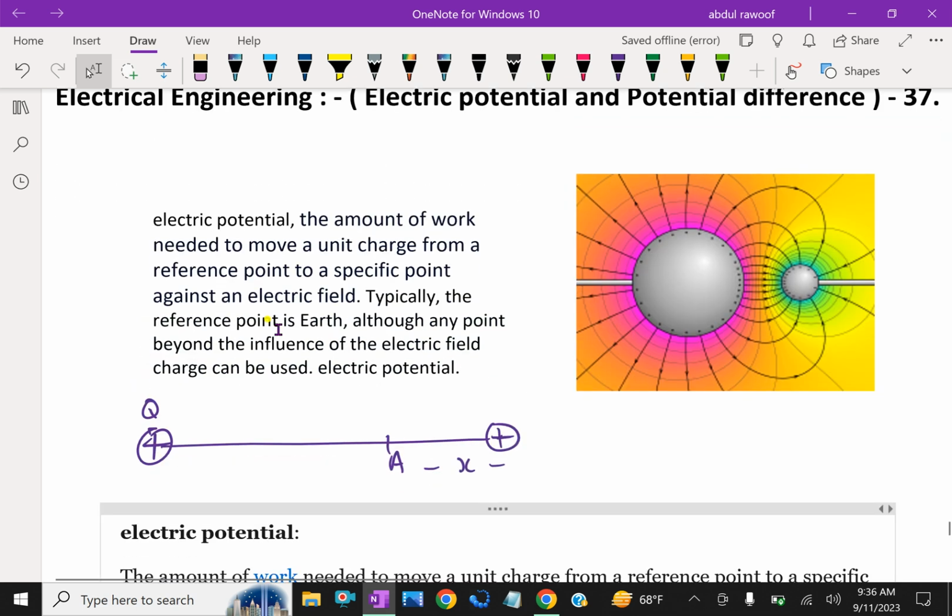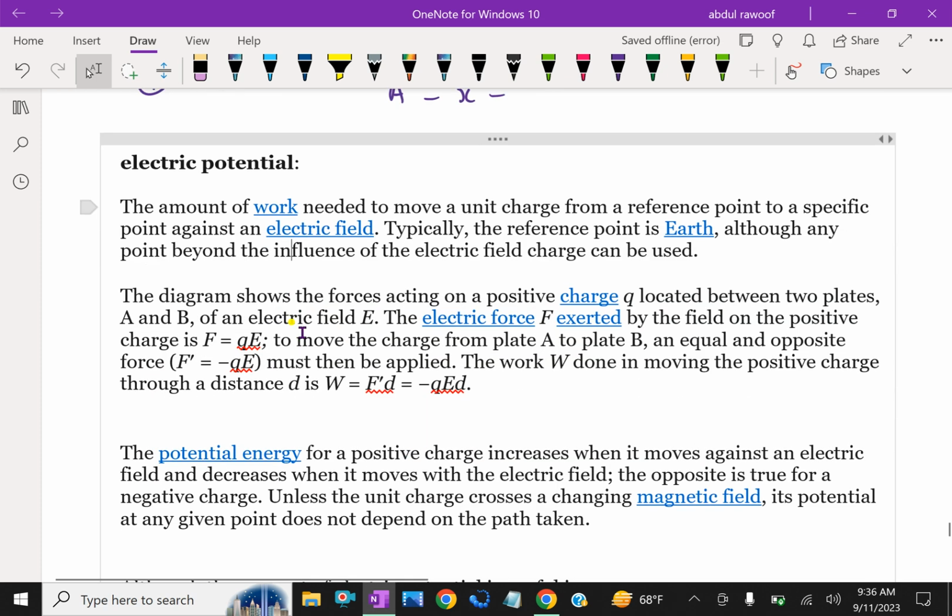Now we'll define further. Electric potential is the amount of work needed to move a unit charge from a reference point to a specific point against the electric field.